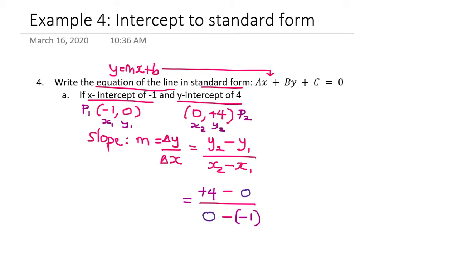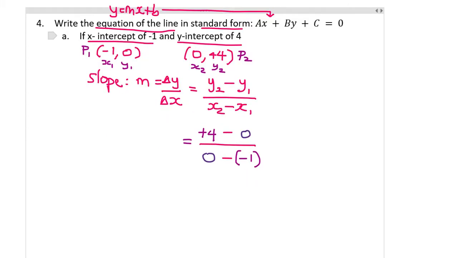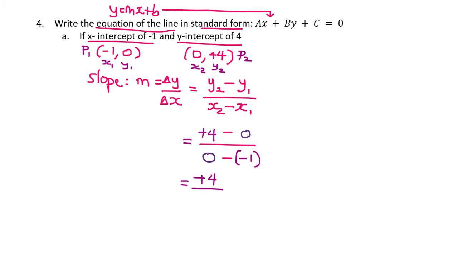As a result of this substitution, +4 minus 0 gives us +4, and below we have 0 minus -1, which gives you +1. And what we have as our slope, represented as m, is equal to 4.